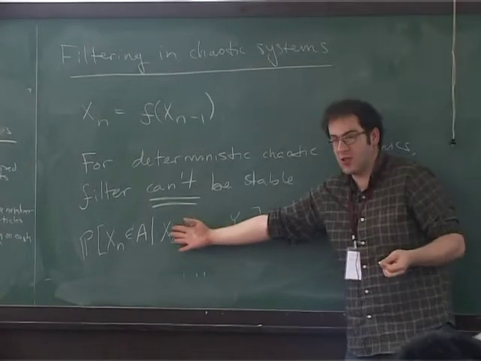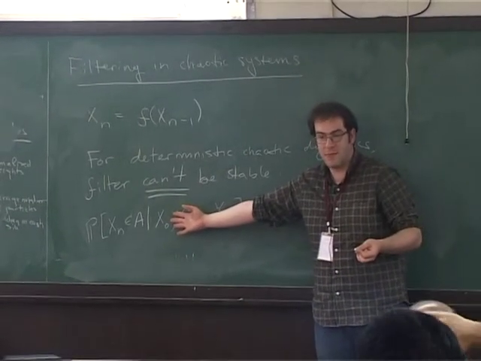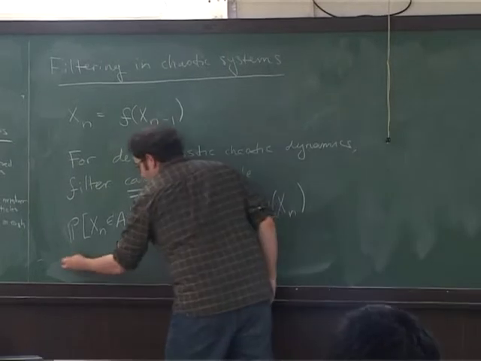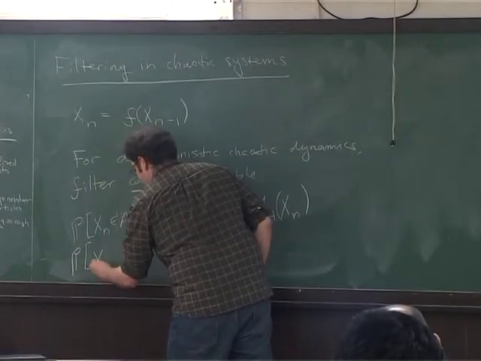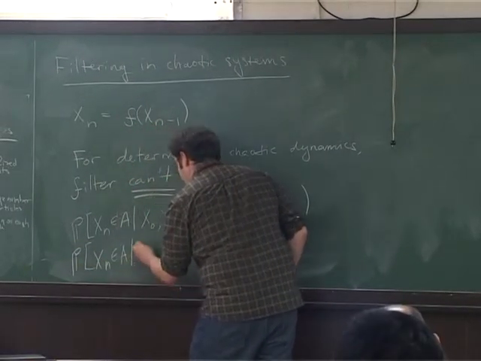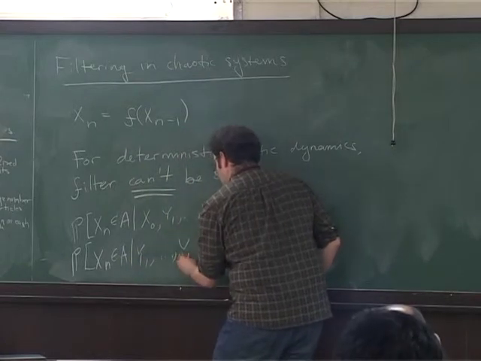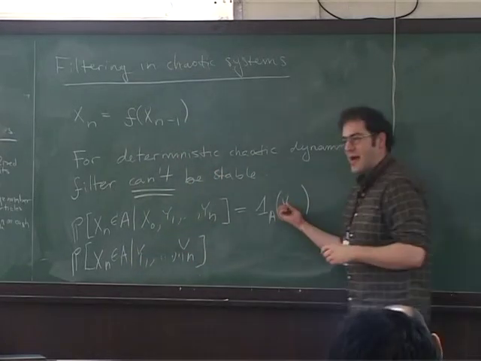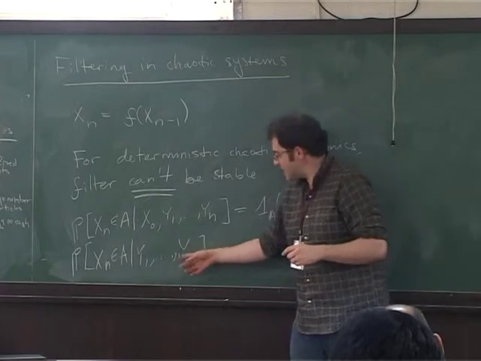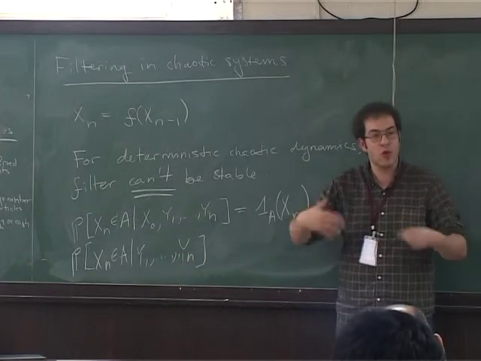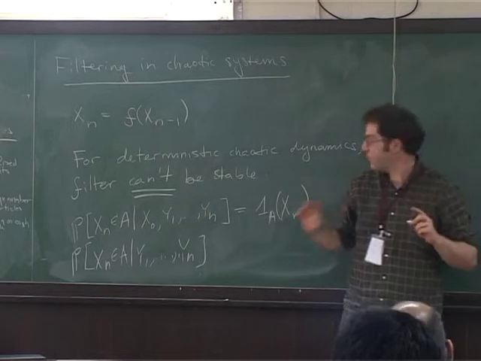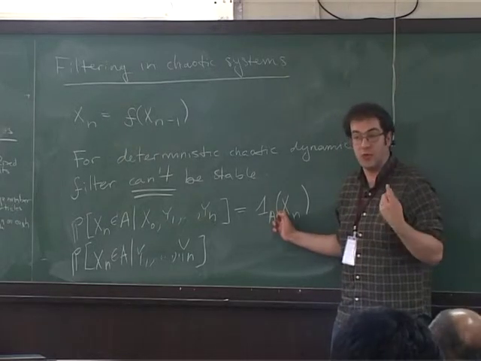If I know where I started, I always know where I am, right? Now, if I don't know where I started, then of course I don't know where I am, but it could still be that as time goes to infinity, I'll gain more and more information, and eventually I will still know where I am, right? That's possible.